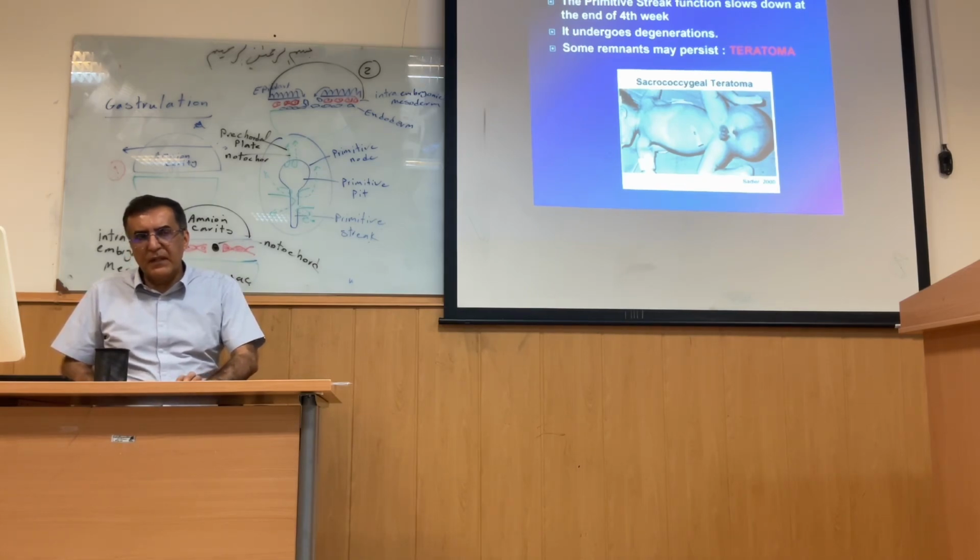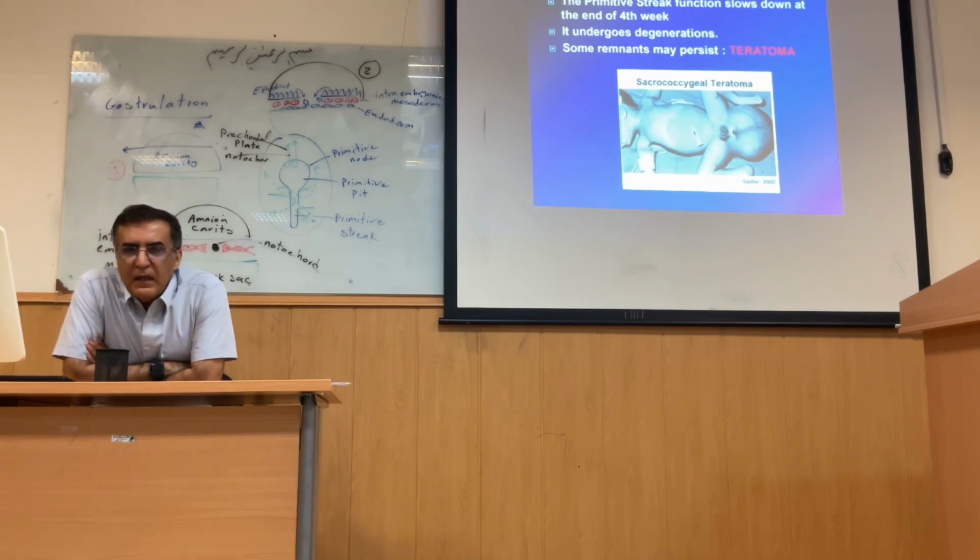Look at it and read the topics. I told you that the primitive streak starts to appear in the third week, and the closing of the primitive streak is finished at the end of the fourth week.